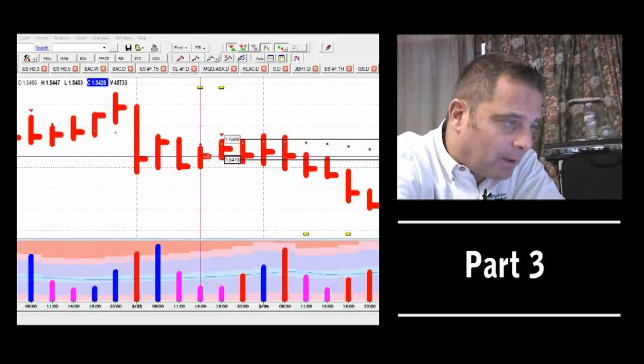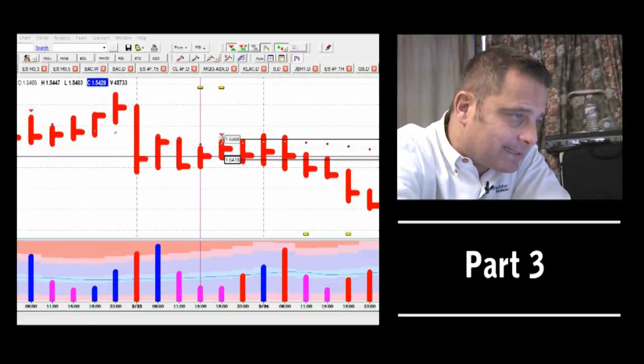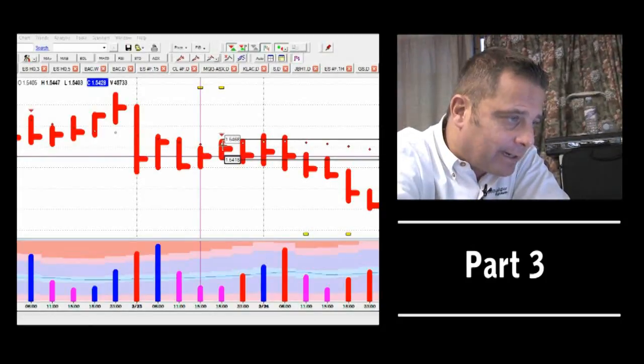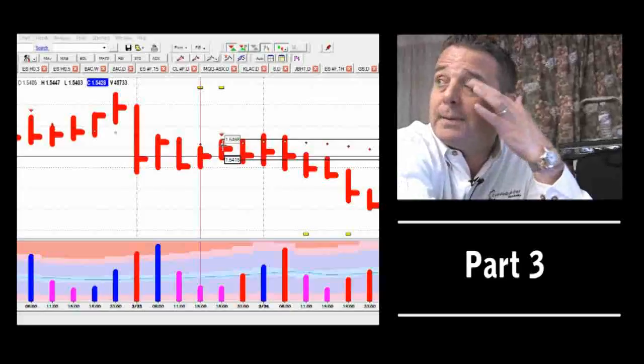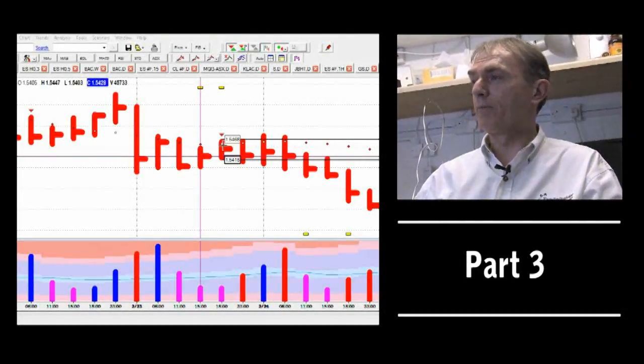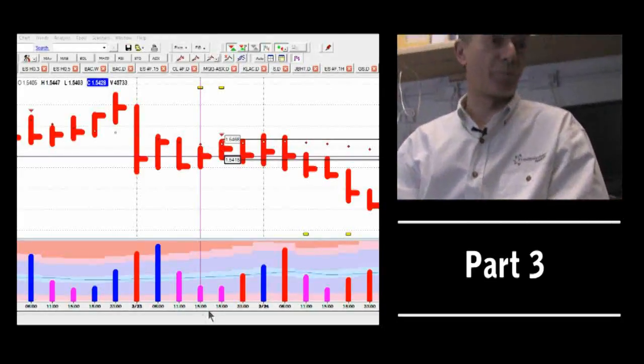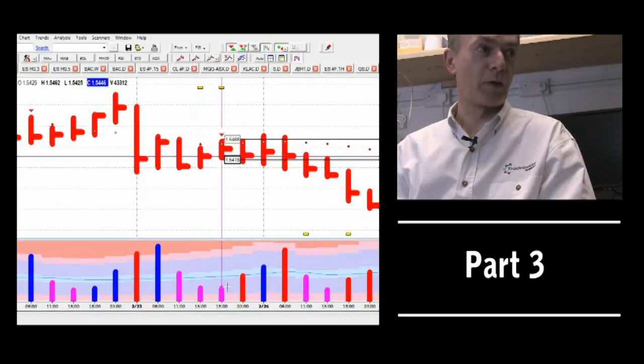Notice here the body of the bar starts to form on the close of the previous bar. It ticks up, ticks up, ticks up. Nice narrow spread. Why is the narrow range or spread important here, Philip? Well, you've got to look at the narrow spread in connection with the low volume. You've got to take the two together.